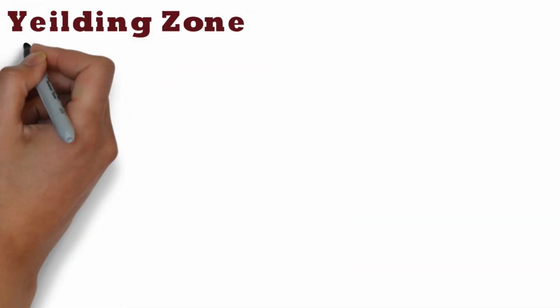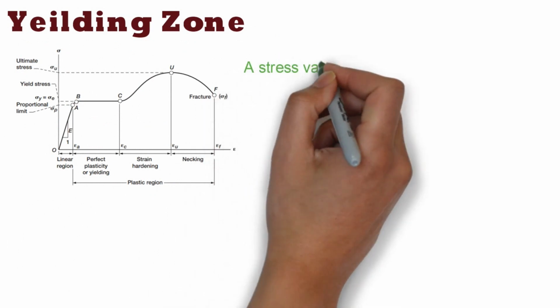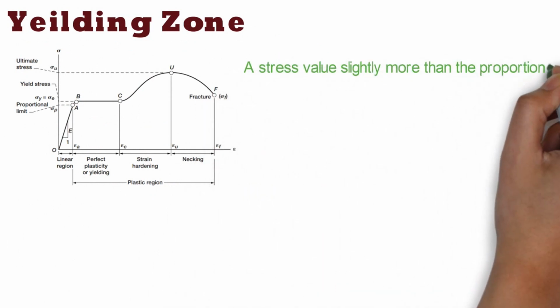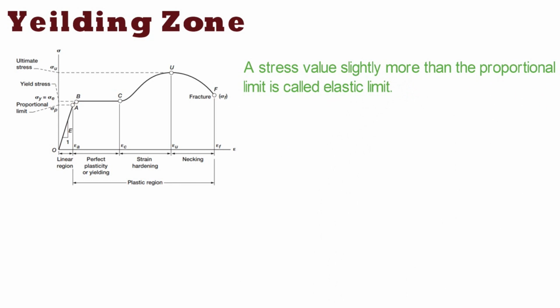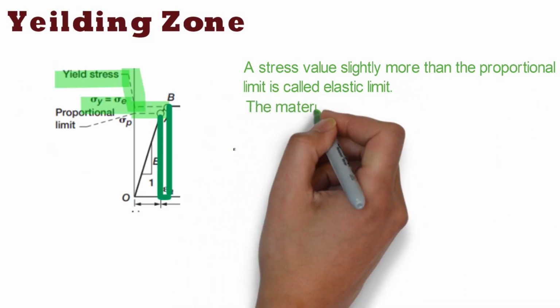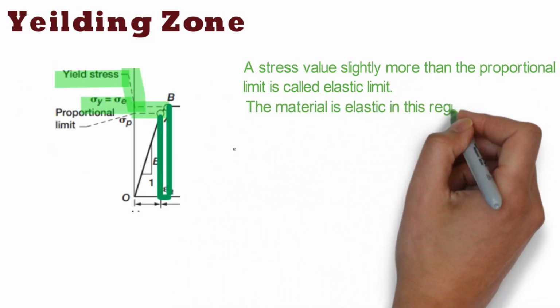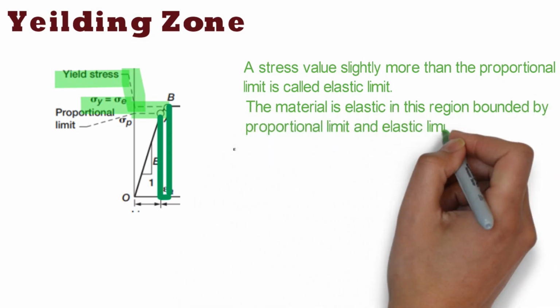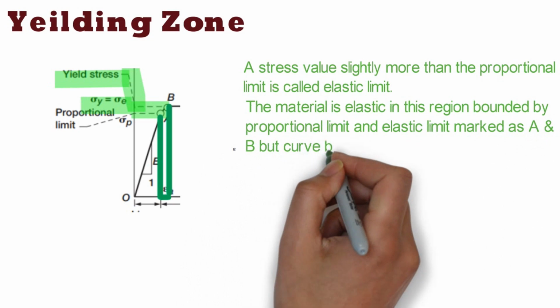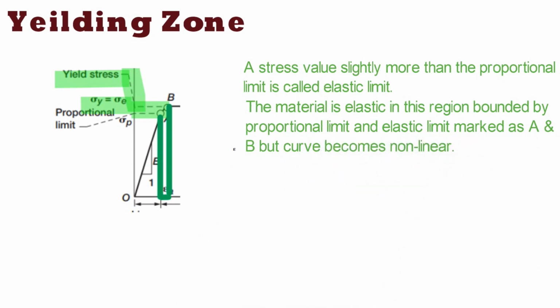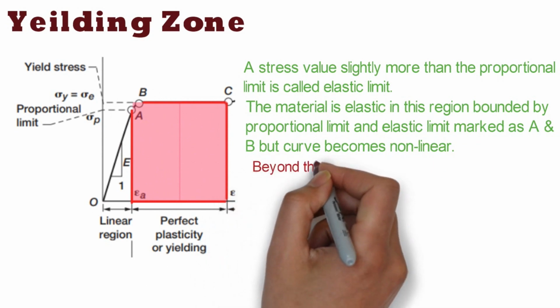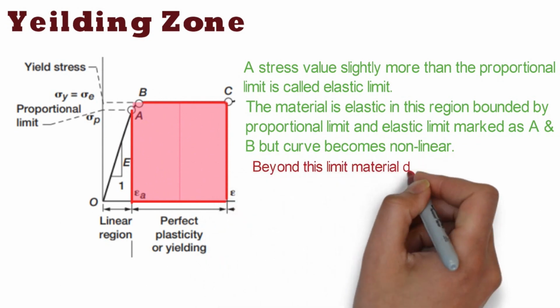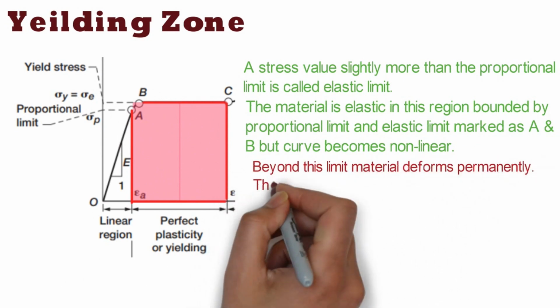Yielding zone. A stress value slightly more than the proportional limit is called the elastic limit. The material is elastic in this region bounded by the proportional limit and elastic limit, marked as A and B, but the curve becomes nonlinear. Beyond this limit, the material deforms permanently.